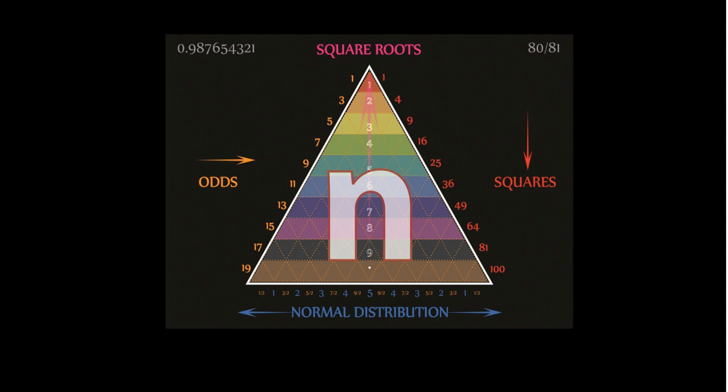If you did that, you would actually come up with a ratio, 80 divided by 81, of 0.987654321, which again, of course, as no doubt you can see, reflects the integer numbering of the square roots of this triangle.